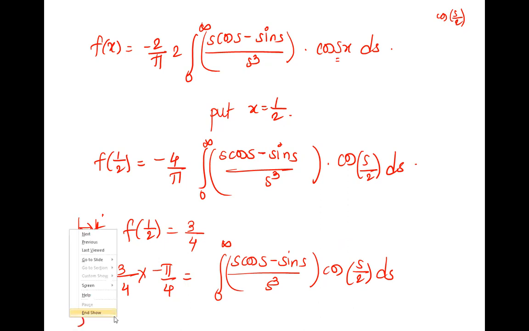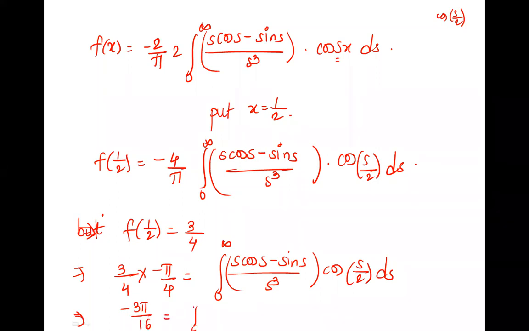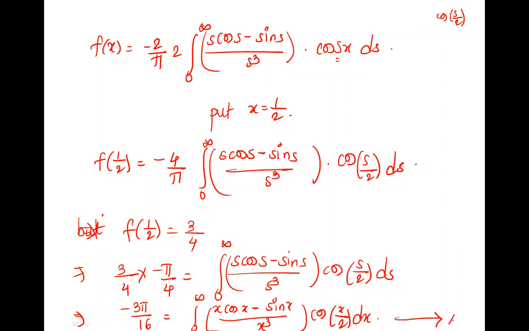So this is minus 3 pi by 16 times integration 0 to infinity (x cos x minus sin x) upon x cube into cos x by 2 dx. The change we can only do in the last step. This is your required solution. So the value of this integration is minus 3 pi by 60. The answer.